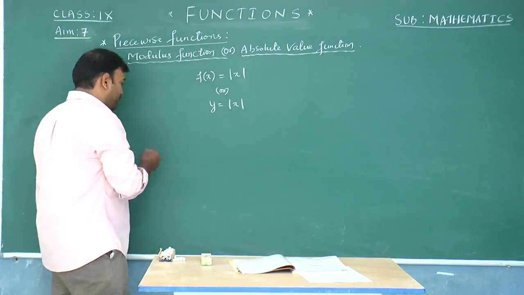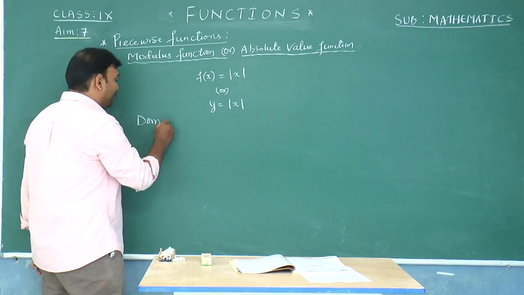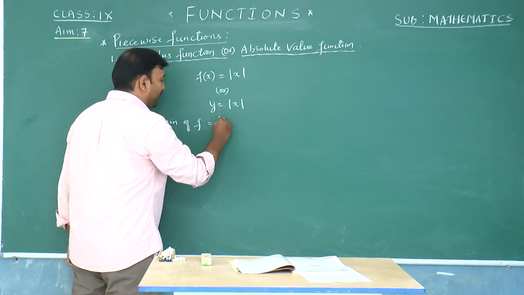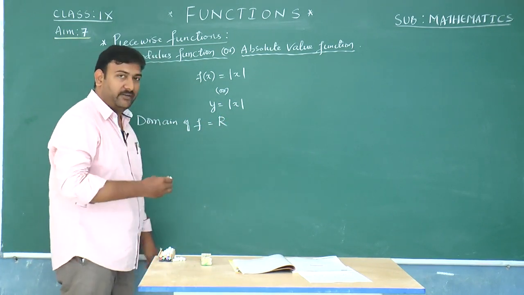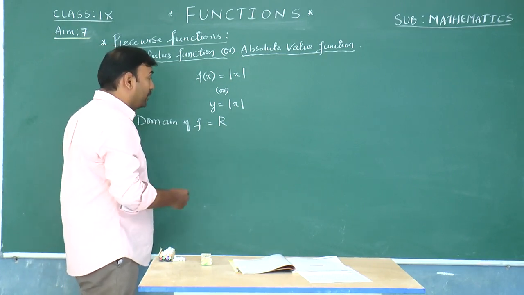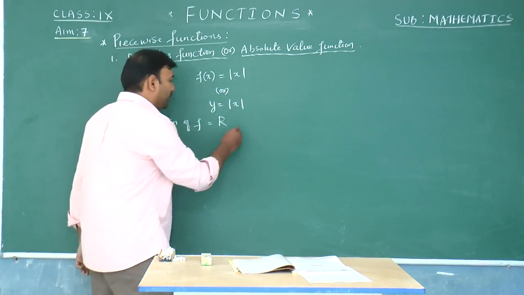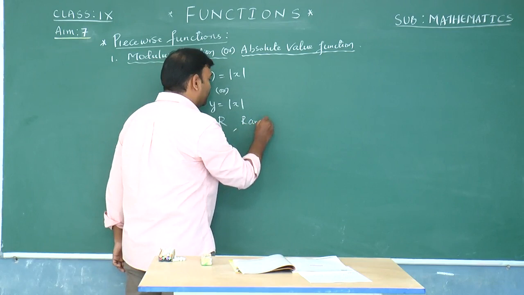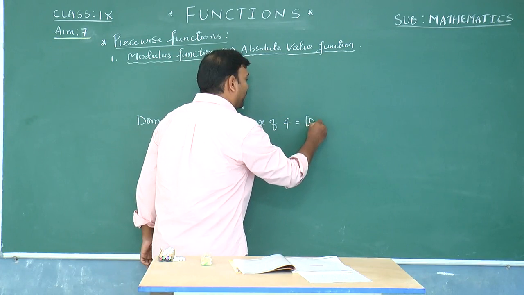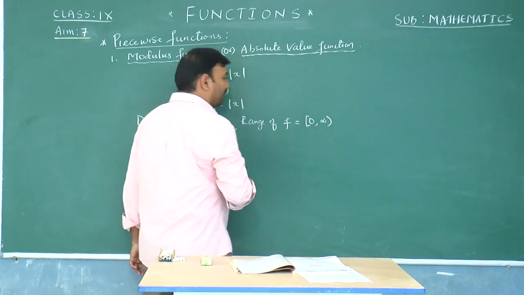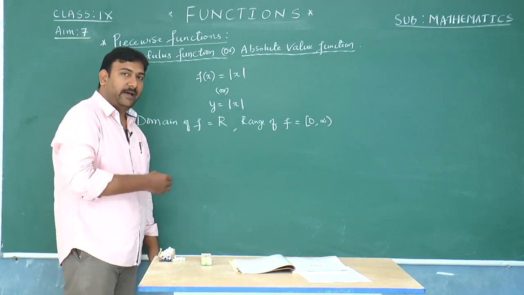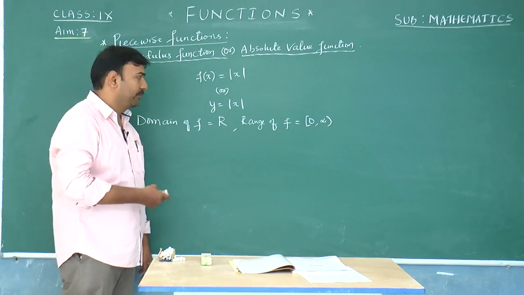And for this function, the domain of the function would be the set of real numbers, that is, the function is defined for every real number, so the domain of the function is going to be R. And the range of the function is going to be any non-negative real number, that is, whatever number you take in the place of x, the value of y is going to be a non-negative number.